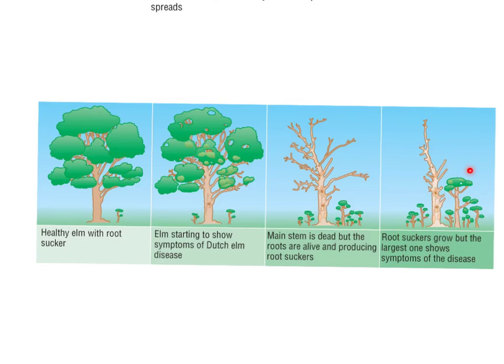But because they reproduce asexually in this way, the majority of these trees are produced by asexual reproduction, or vegetative propagation as it's known, they're genetically identical, and therefore if the parent plant succumbs to Dutch elm disease, the likelihood is that the offspring would too. So this has had a catastrophic effect on elm trees right across Europe and large tracts of America too.